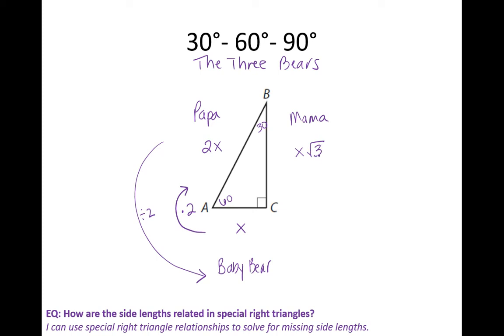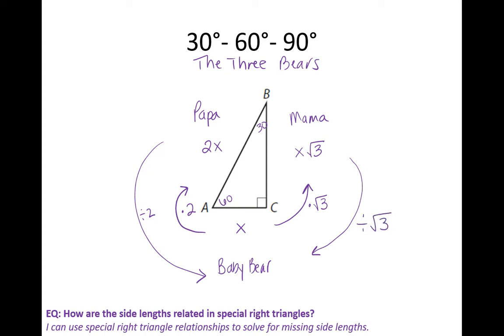So we have a 3 for the 3 different bears in the house. And that's the relationship. So mathematically, to go from Baby Bear to Mama Bear, we're going to multiply by the square root of 3. If we go in reverse, if we start at Mama Bear and work our way backwards, we're going to divide by the square root of 3.